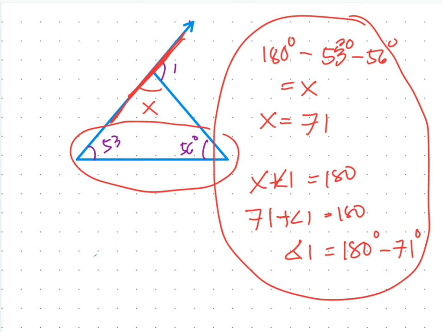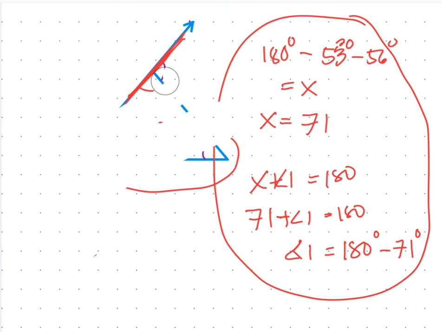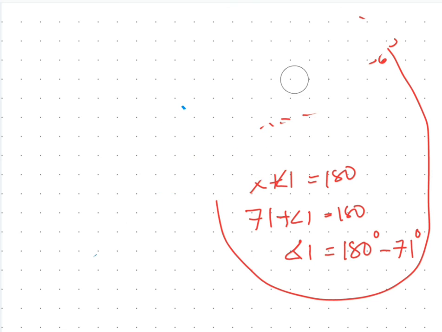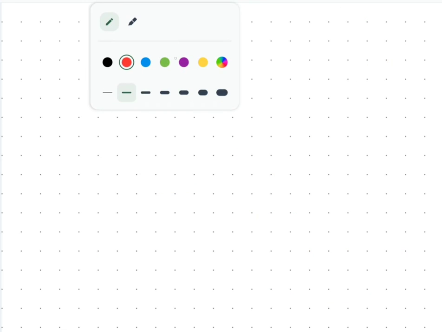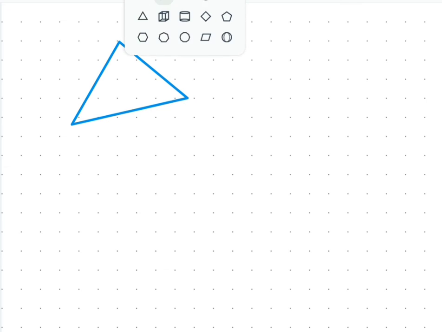So no question on the first problem. The other one: you're given this triangle and then the exterior angle.